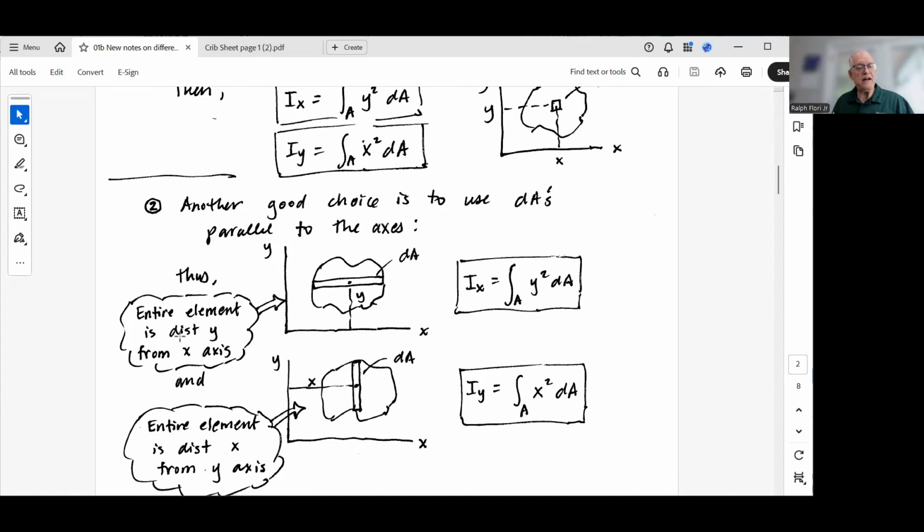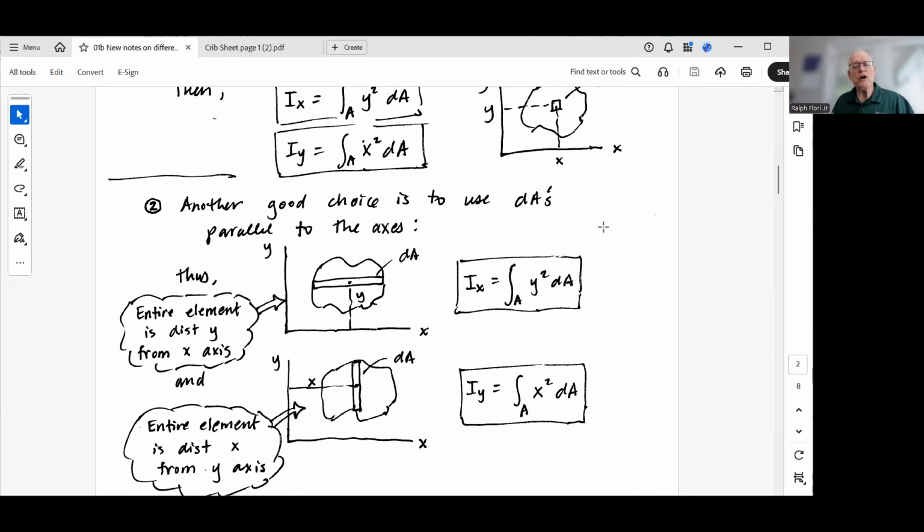Or if you want to find Iy of this area, then you'd use an element parallel to the y-axis, where the entire element is a distance x from the y-axis. Then Iy is the integral of x squared dA, and the dA is equal to y top minus y bottom times dx. That works nicely, and our definitions work.